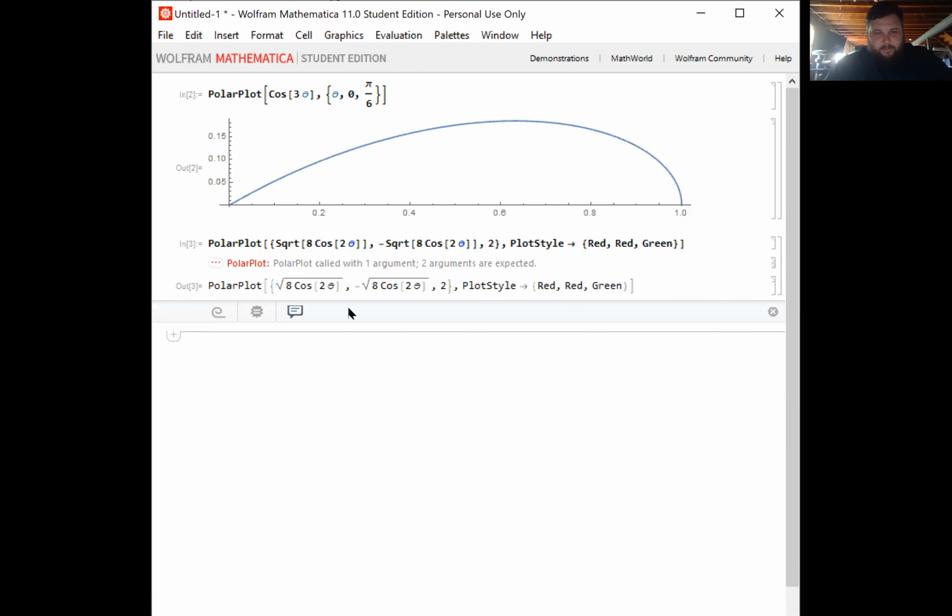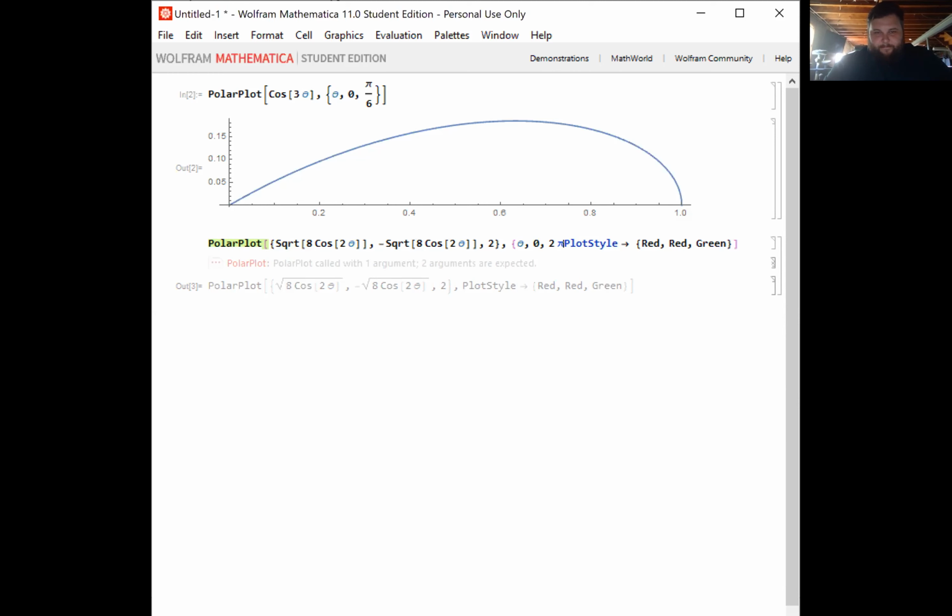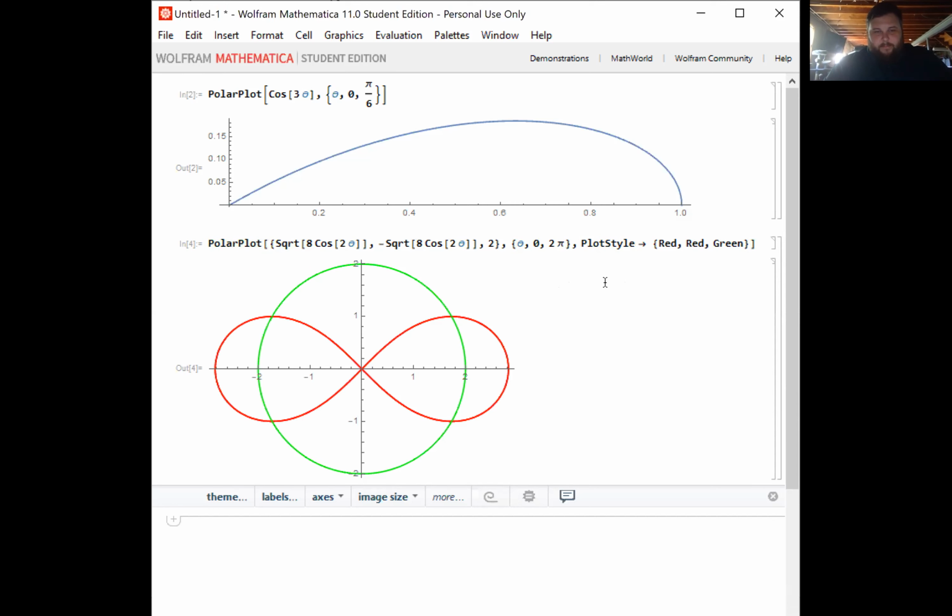And what did we not like? Forgot to give it the bounds. Okay, so theta is going to run from 0 to 2 pi. There we go.